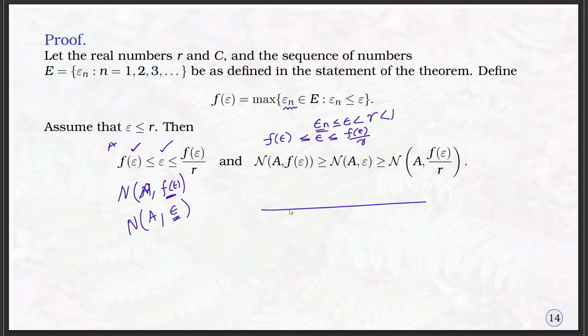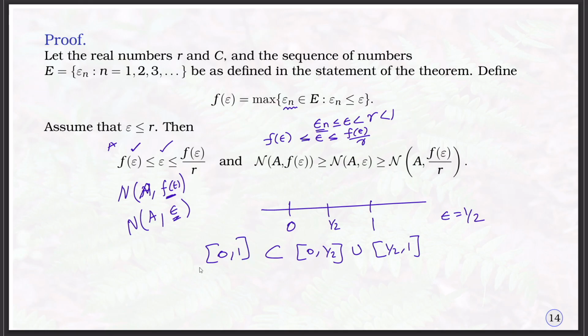For example, if you are taking the closed interval 0, 1, and taking epsilon as 1 by 2, then these two boxes, 0 to 1 by 2, this is the closed ball, union 1 by 2 to 1, are enough to cover the closed interval 0, 1.